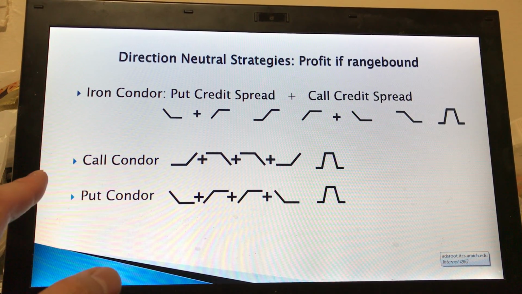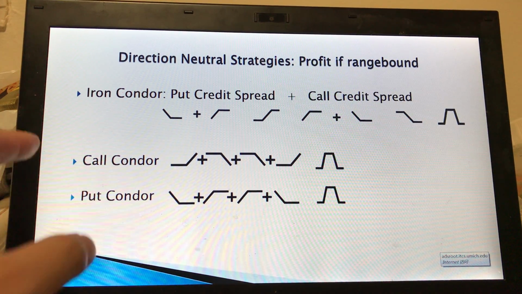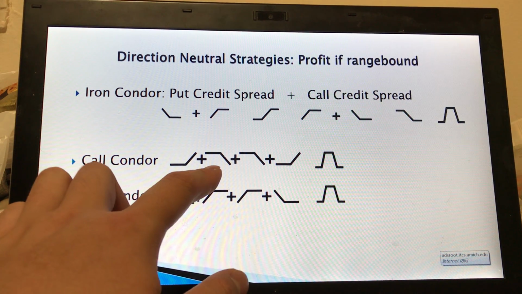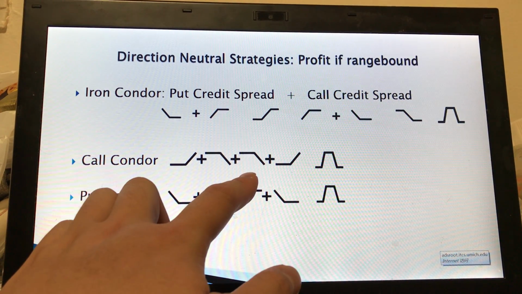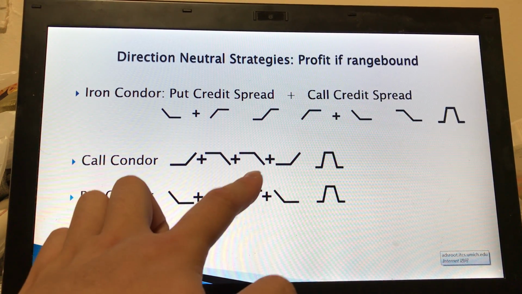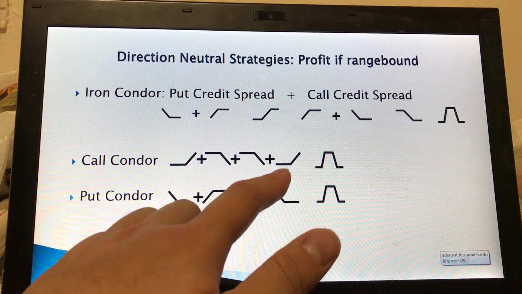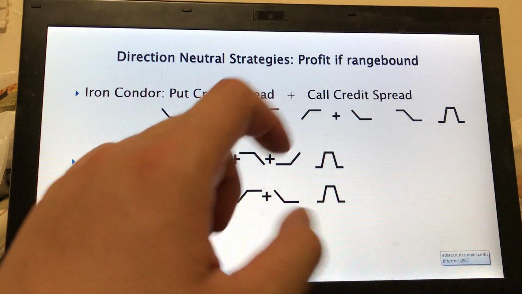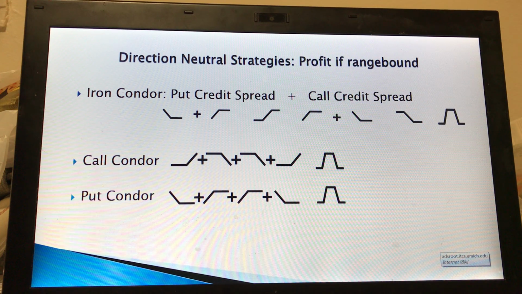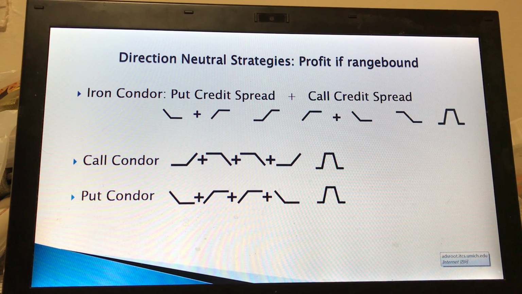For a call condor, you have a long position at the lower strike price, short positions at the two middle strike prices, and a long position at the highest strike price. So you are doing it all using call options and 4 different strike prices.